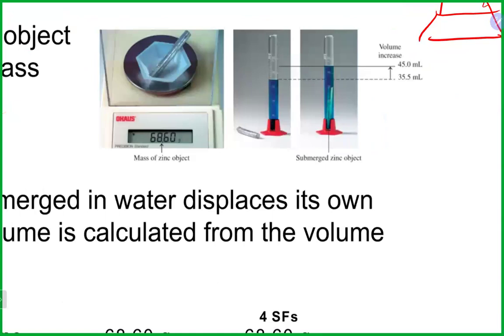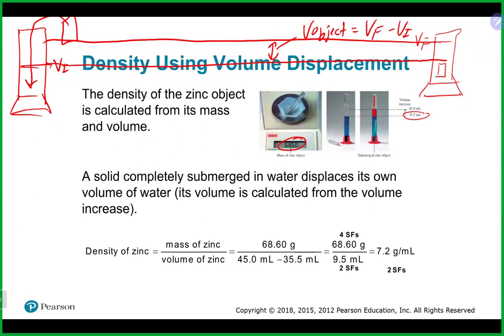Before they put the zinc in, it had a volume of 35.5. After they weighed out a certain amount of zinc and put it in, the volume of water got displaced by that much volume and ended up at 45.0 milliliters. So for our mass over volume here, we do want to look at significant figures. When we subtract this, we're actually looking at decimal places, right?